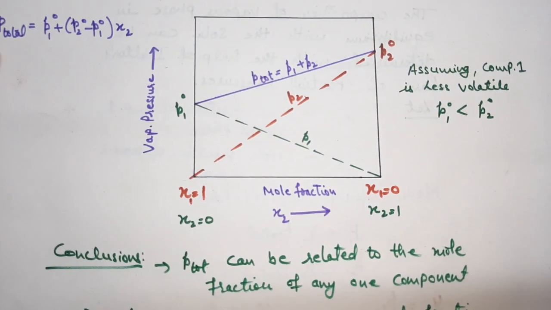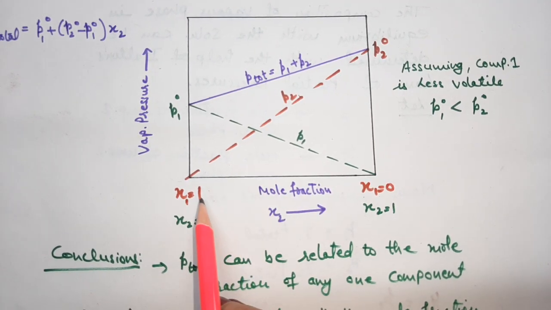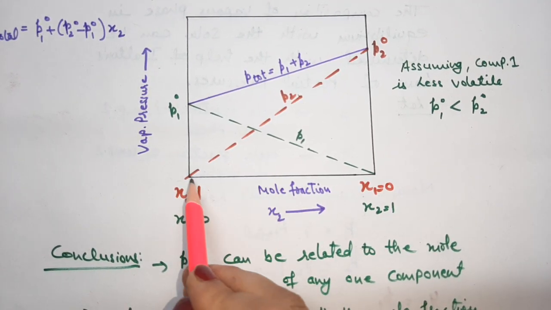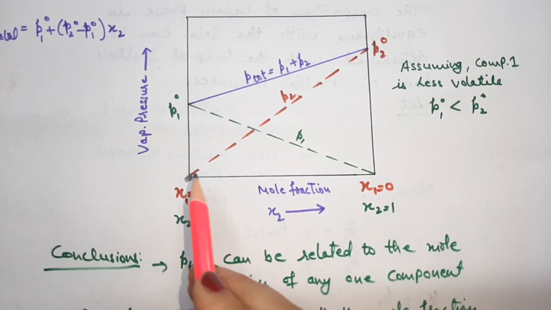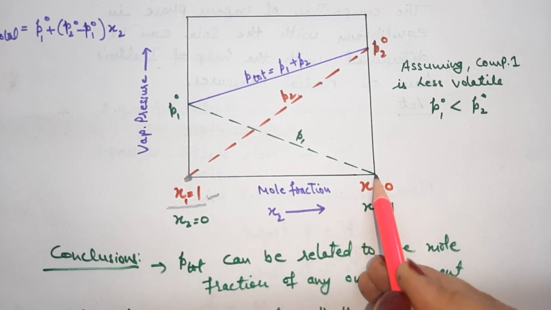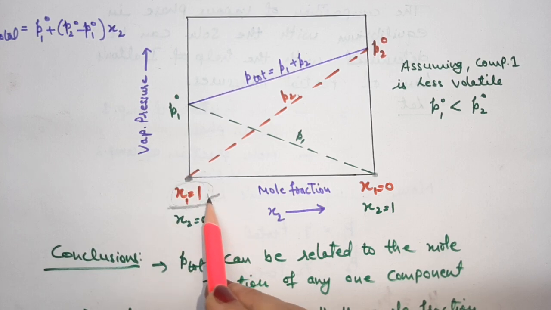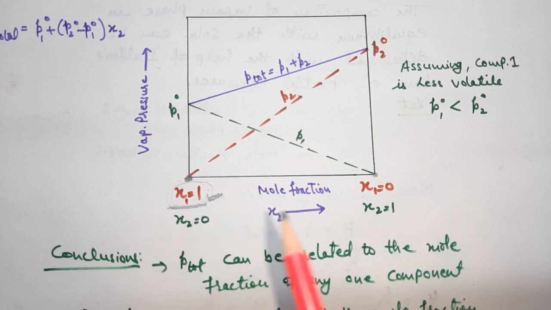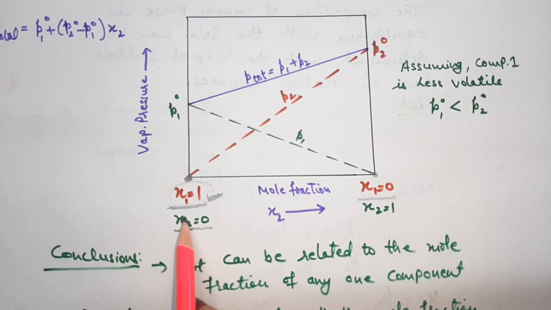Further, let's explain this diagrammatically. At this point we are showing component 1, where the mole fraction of the component is 1, the pure component. On this side X2 will be 0.